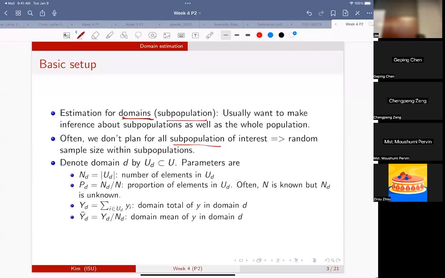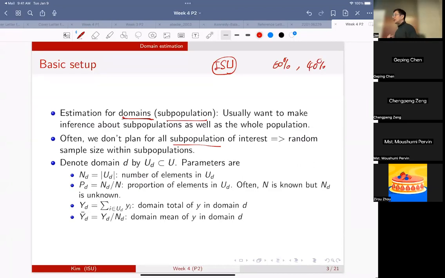if I know who is male and who is female in the list, then I can stratify, right? But suppose I don't have that information. I just have a student ID. That's it. Then I can still use that information later because I know, for example, at Iowa State, suppose we have 60% male and 40% female.